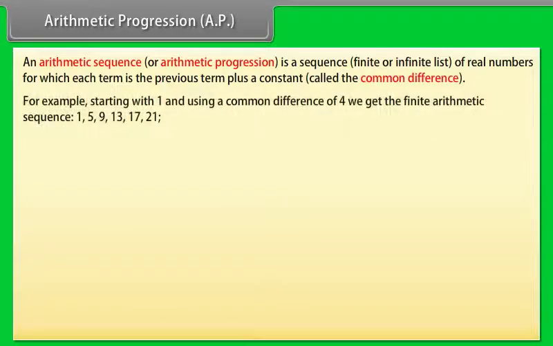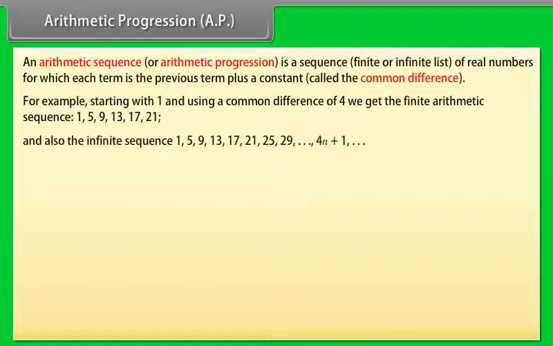For example, starting with 1 and using a common difference of 4, we get the finite arithmetic sequence 1, 5, 9, 13, 17, 21, and also the infinite sequence 1, 5, 9, 13, 17, 21, 25, 29 till 4n + 1.